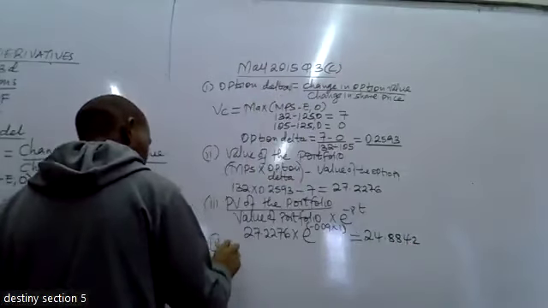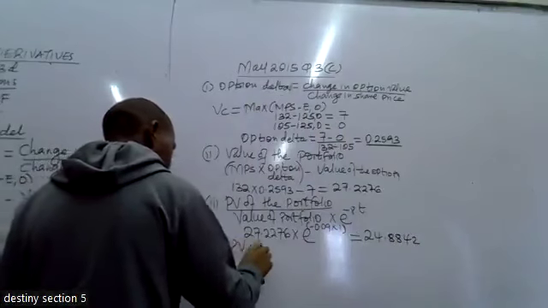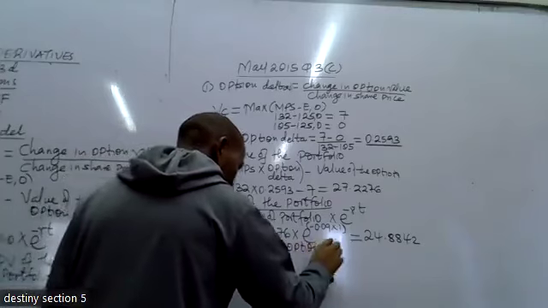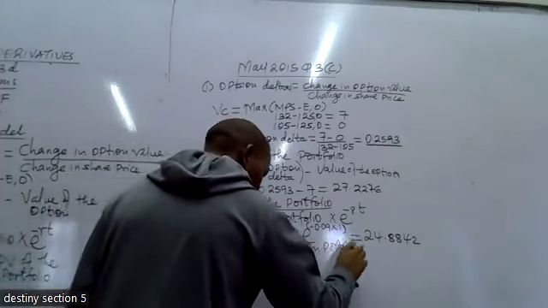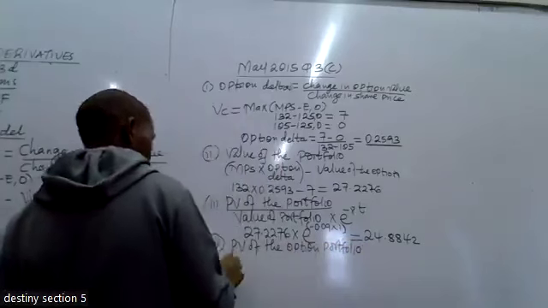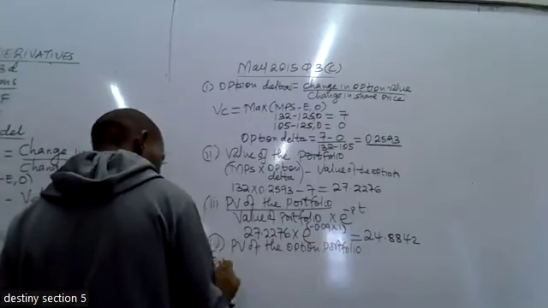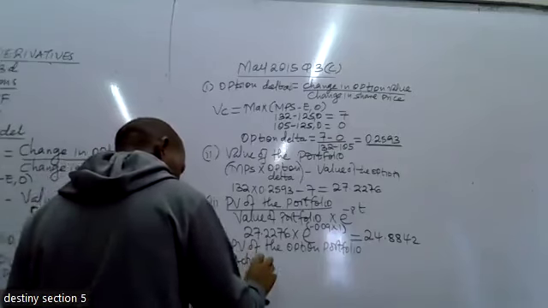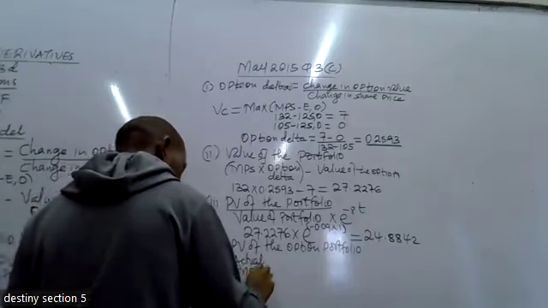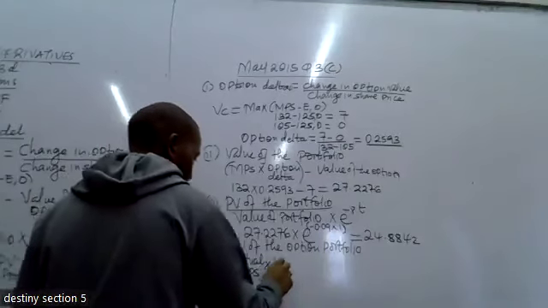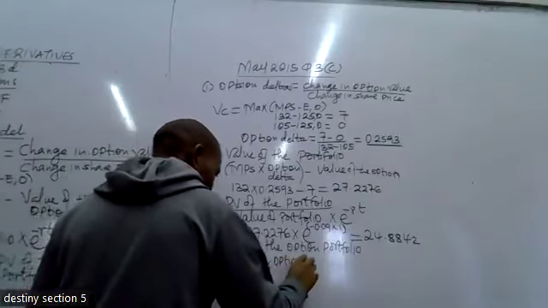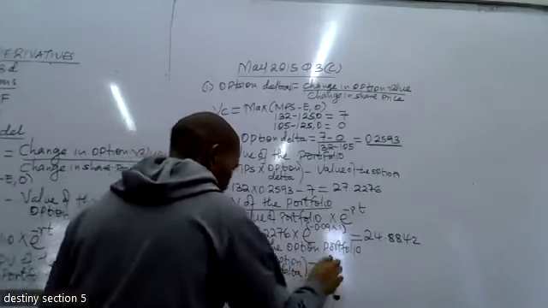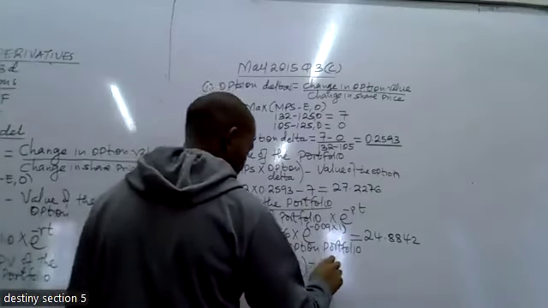And then the last one is the present value of the option portfolio. The present value of the option portfolio will be given by the actual MPS multiplied by the option delta.